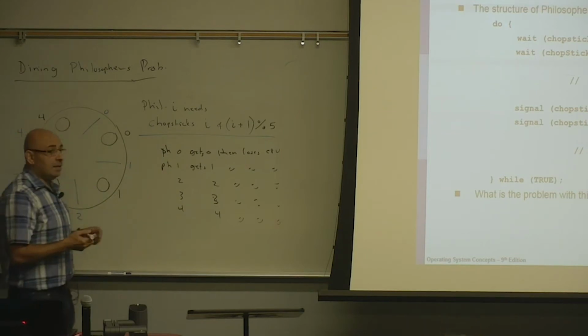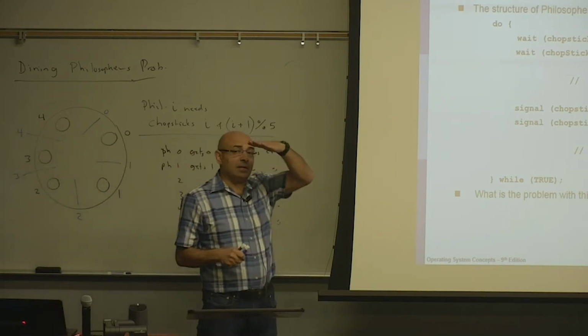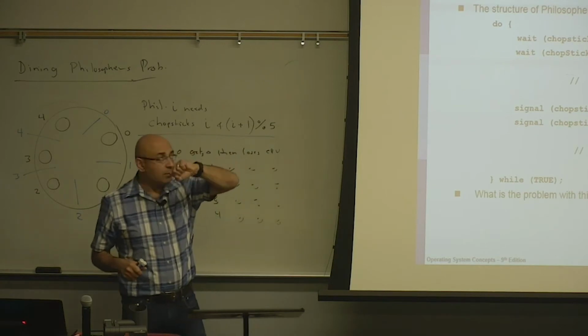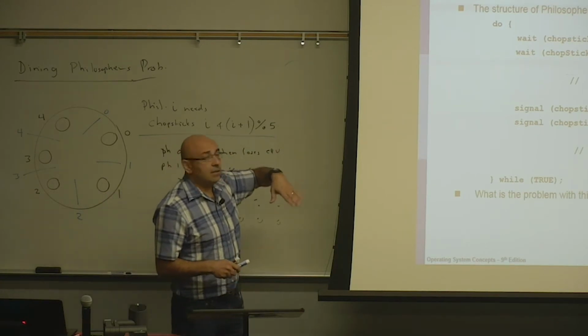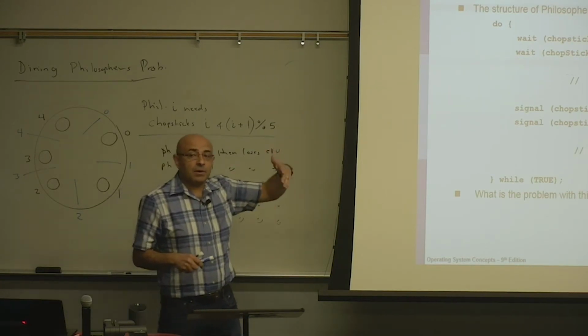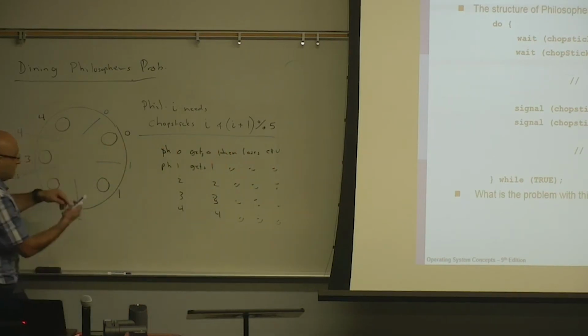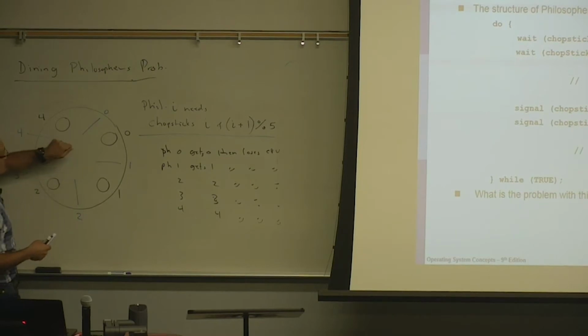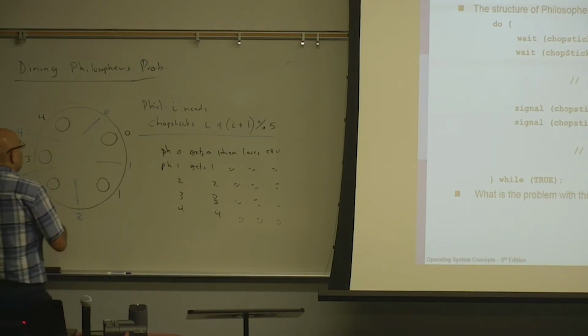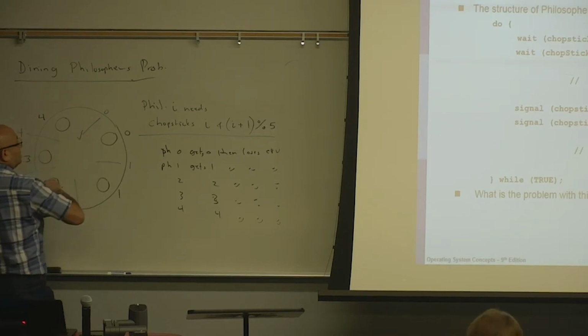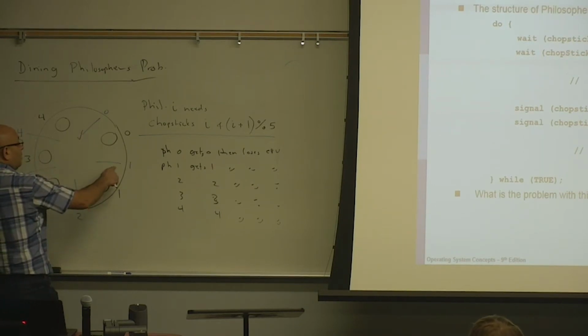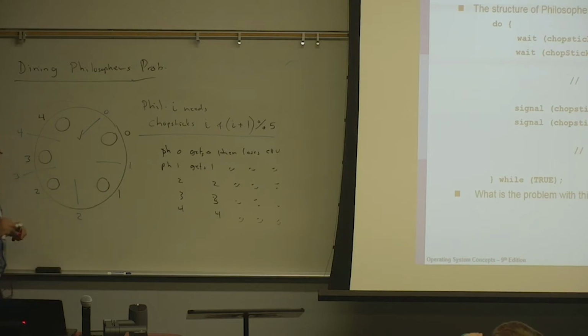So in that case, each one of them will be holding one semaphore, one chopstick, and waiting for the other, but the other will not get released because, say, philosopher 0 is going to be holding this chopstick, but this chopstick will be held by philosopher 1.